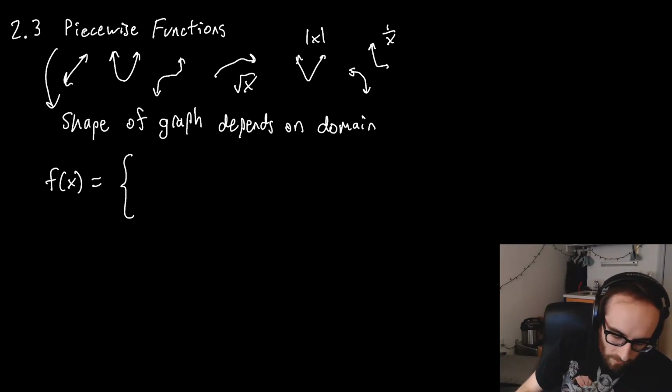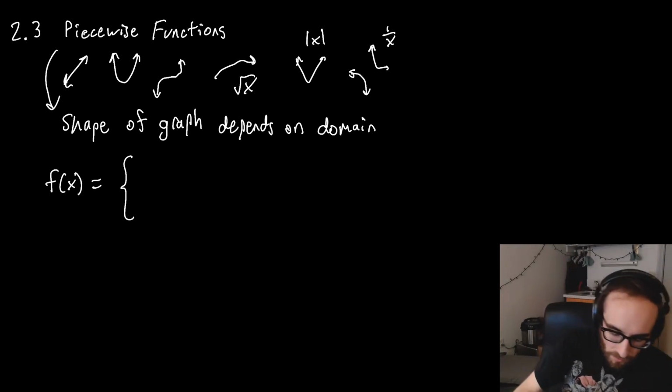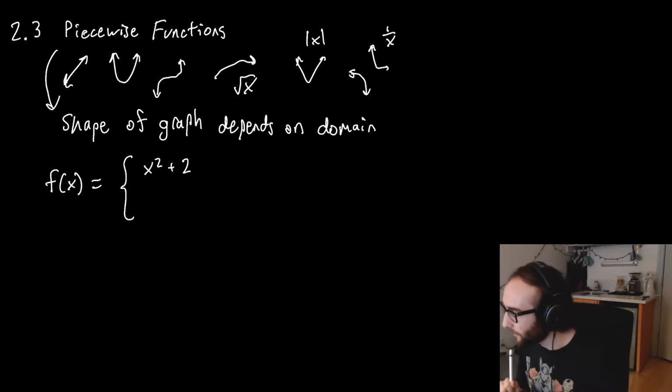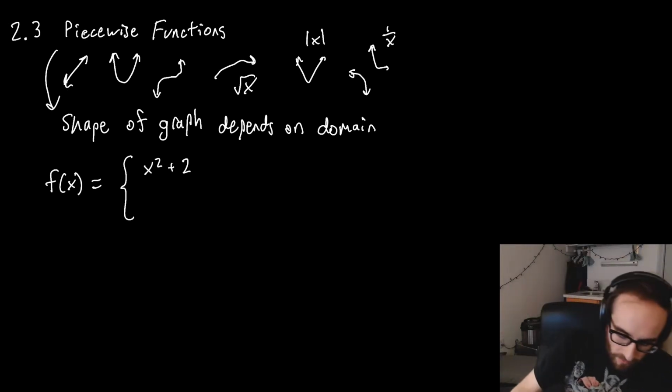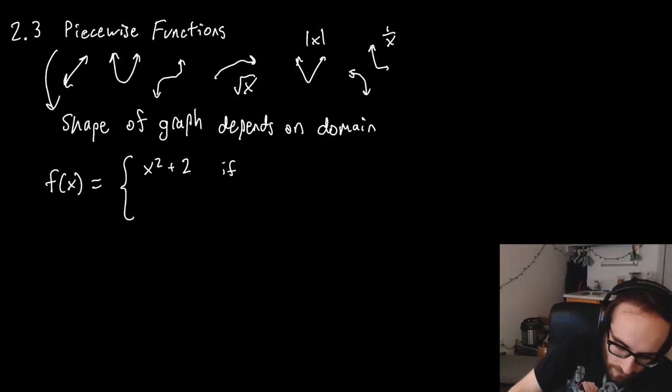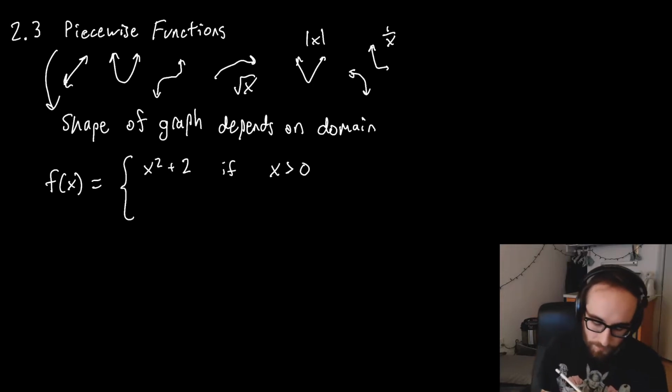So, for example, we might have f of x equals x squared plus 2. And then what you'll see is to the right, you'll see where in the domain we encounter this function. So x squared plus 2 if x is greater than 0.